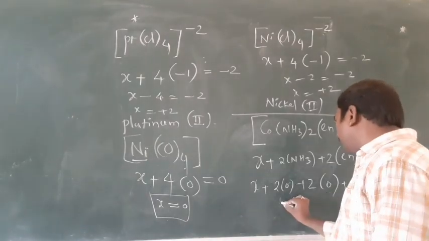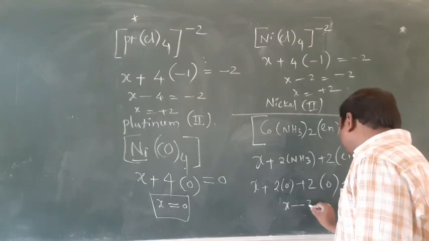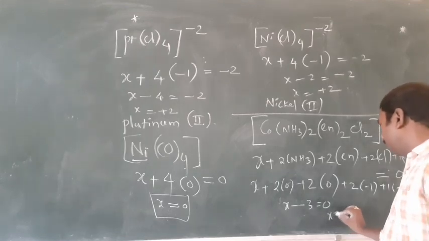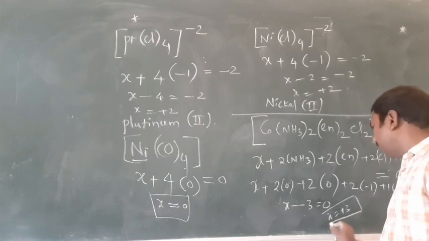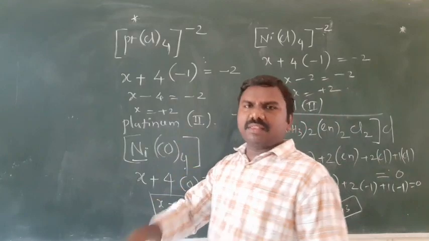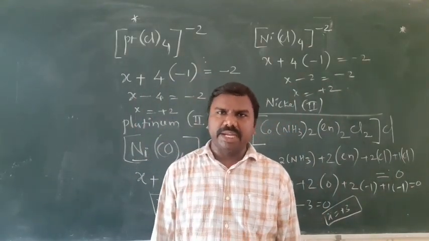Totally, X - 3 = 0, where X = +3. You can write it as cobalt, Roman number 3, represented in square bracket.